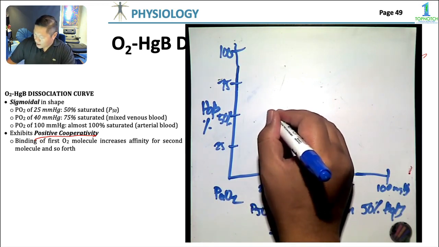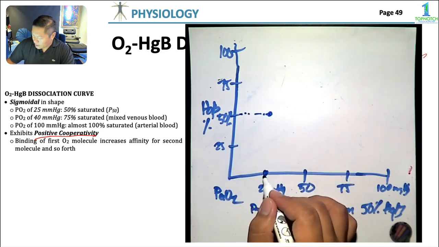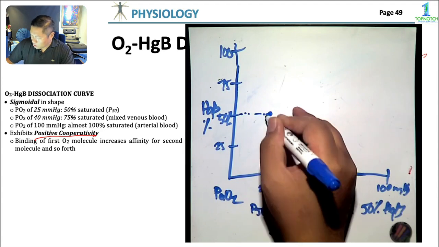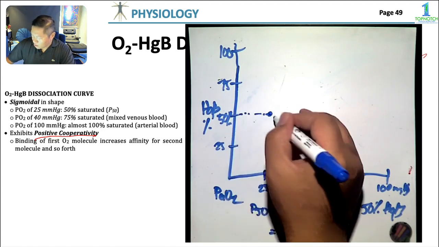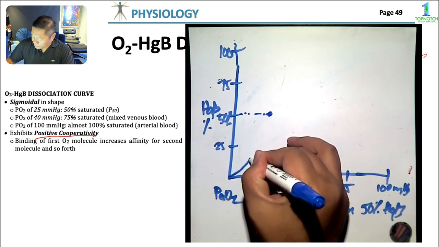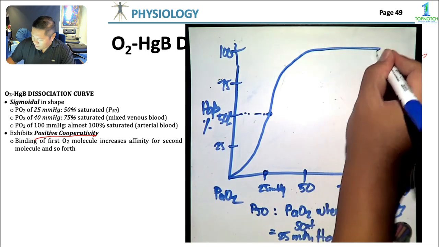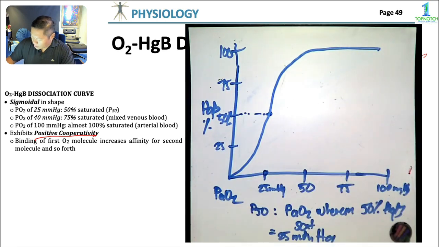Okay? There is a value that we call P50. The P50 is the arterial PO2 wherein you have 50% hemoglobin saturation. Okay? The normal P50 is 25 millimeters mercury.